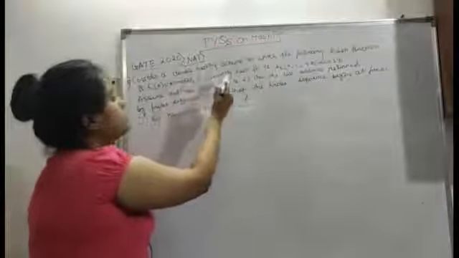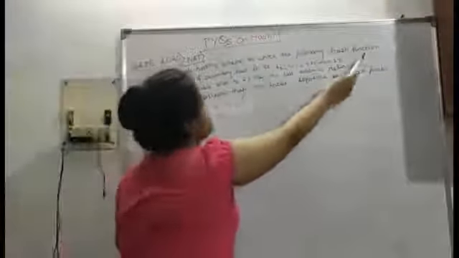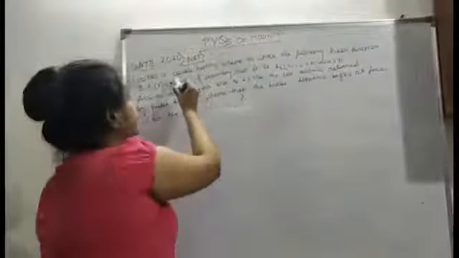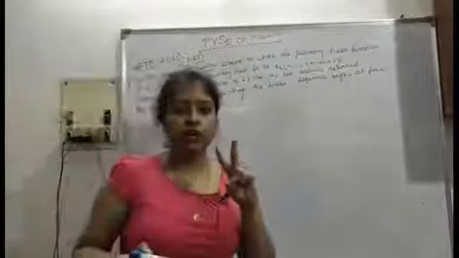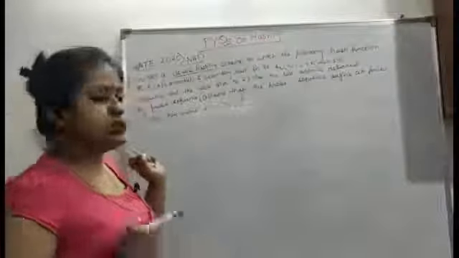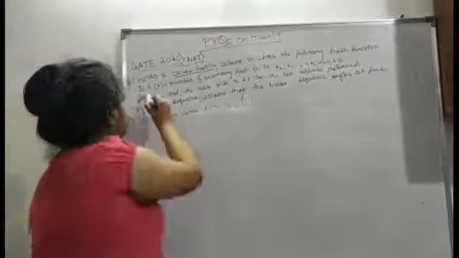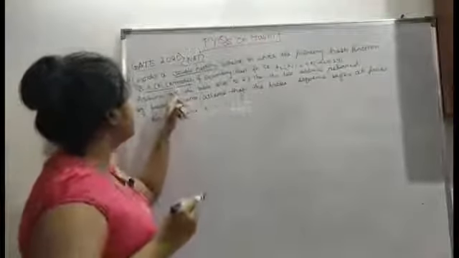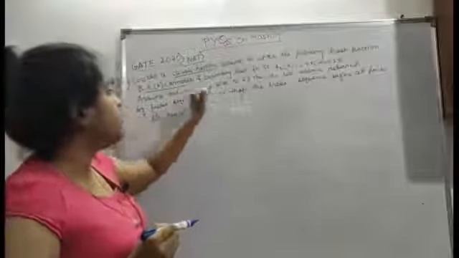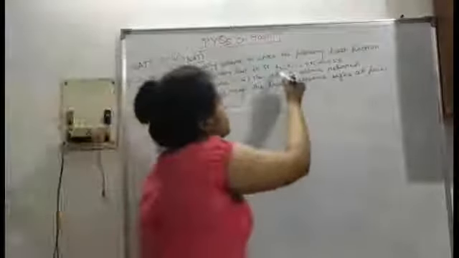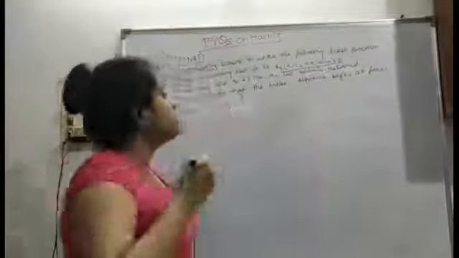Consider a double hashing scheme in which the primary hash function, remember double hashing, we had 2 hashing functions. So when there is a collision, we go for the second hashing function. So h1, this is our first hashing function, k mod 23. And our secondary hash function h2(k) is 1 plus k mod 19.